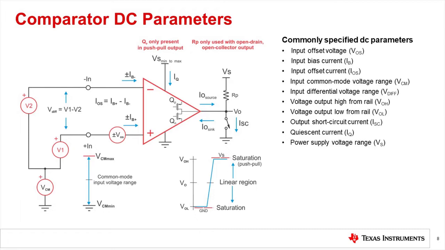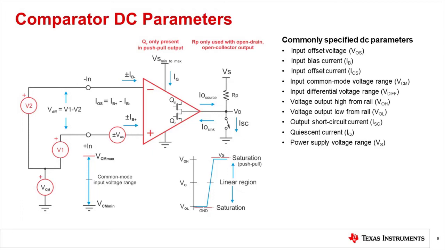You also have input common mode voltage range, or VCM, and that's the range of allowable input common mode voltage before your input transistors will start to saturate or cut off. Input differential voltage range, or VDIF, is the maximum allowable differential voltage across your inputs.